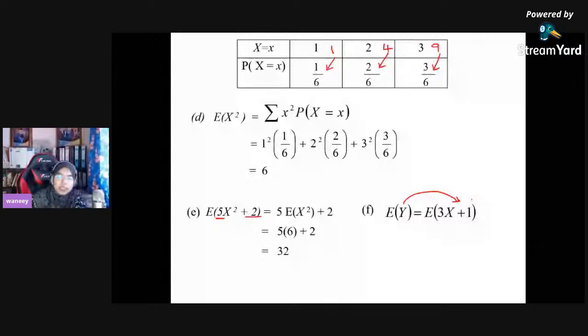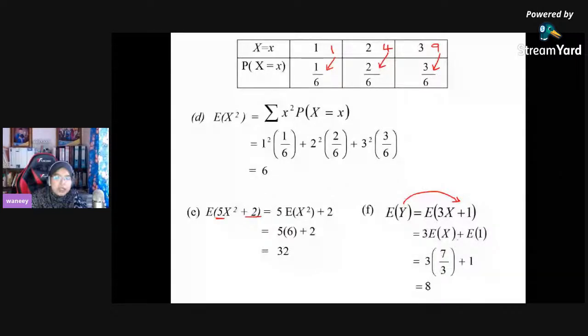So this is 3E[x] plus 1. And then E[x], we already calculated the value before. So simply substitute the value in. So this is 3 times 7 over 3, which is 7, plus 1. So that is equal to 8. So that is the expectation of y.